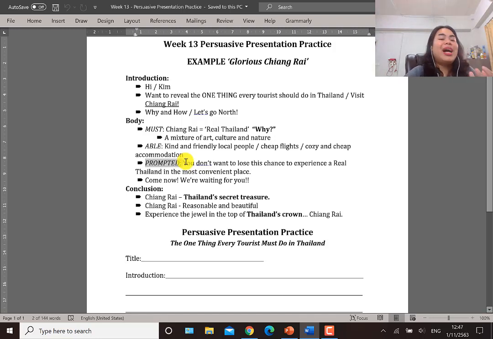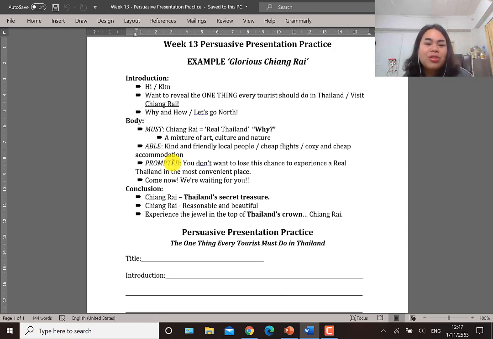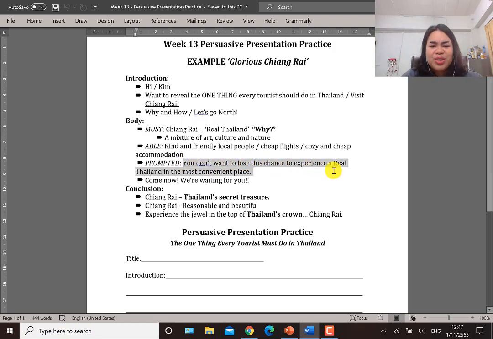So you have to find things to convince people to fly now, to do it today, to do it in the present, not in the future, or maybe in 6 months, maybe next year I'll go to Chiang Rai. No, do it now, do it in the near future. How? Tell them you don't want to lose this chance to experience a real Thailand in the most convenient place.